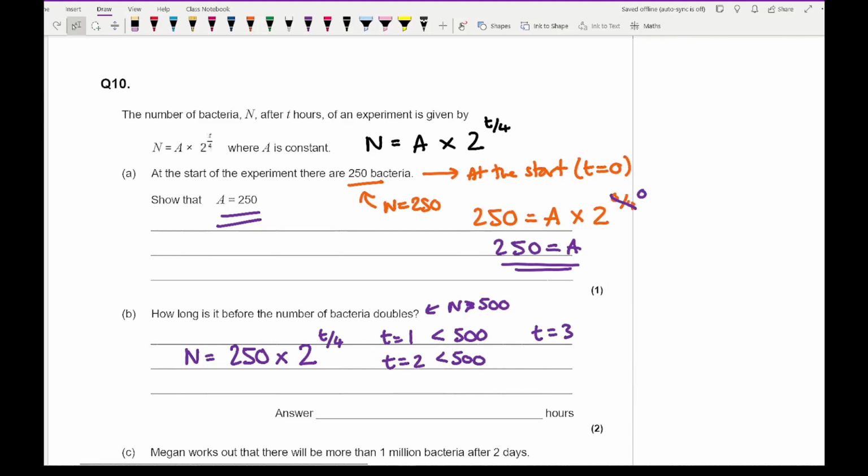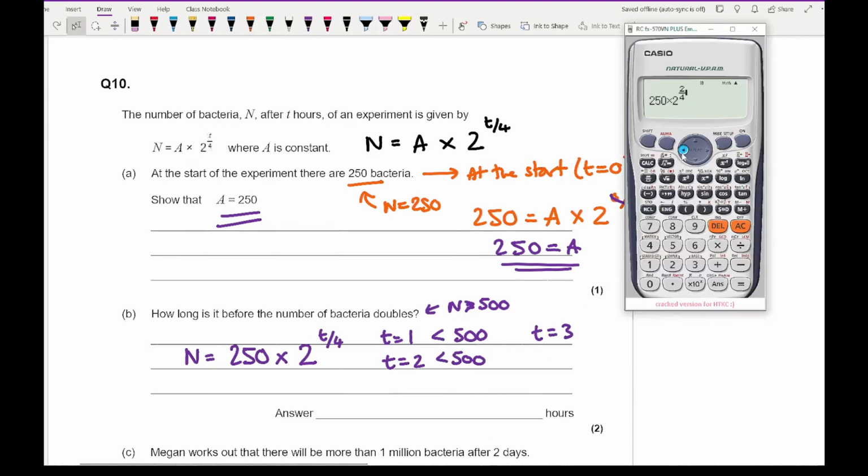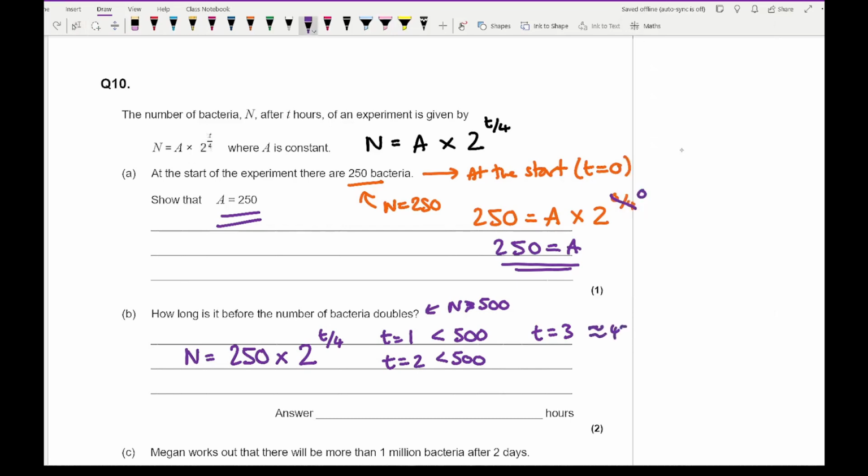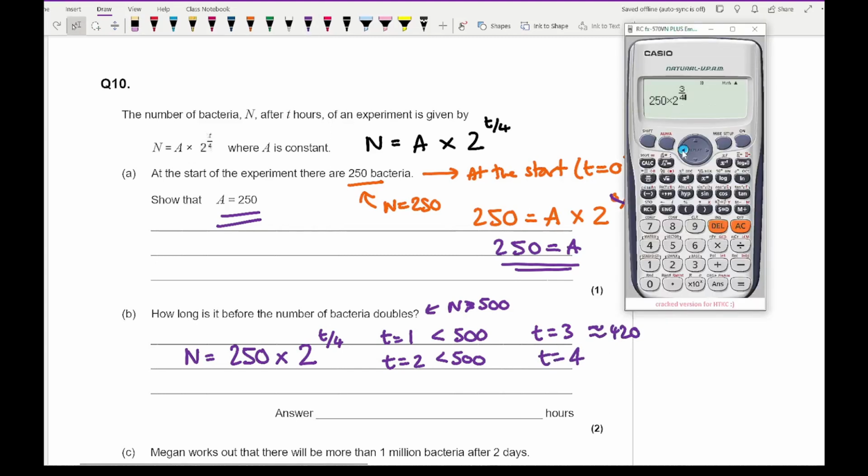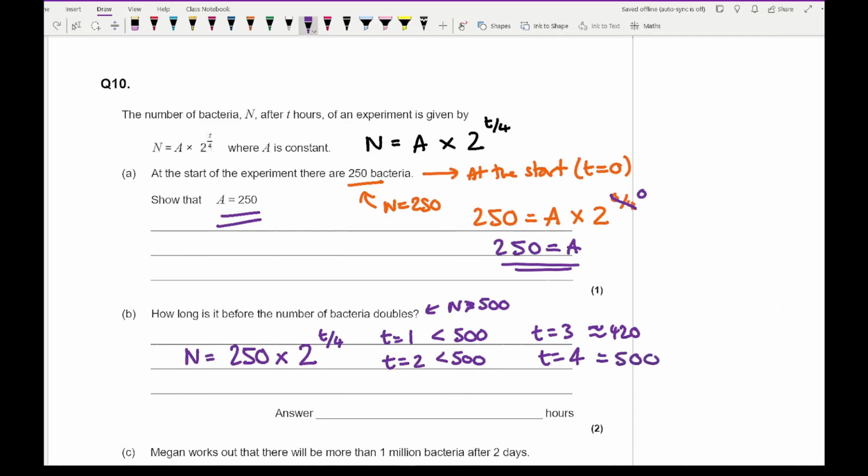Let's get the calculator back up and change that to a 3. Nope, that's 420. So let's try T equals 4. That gives me 500, so it does equal 500, so it's going to be after 4 hours.